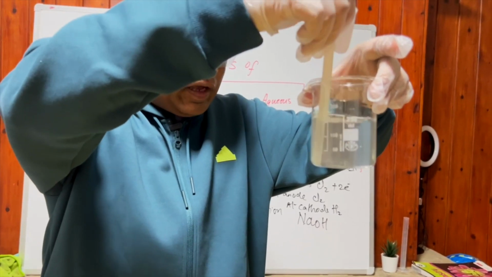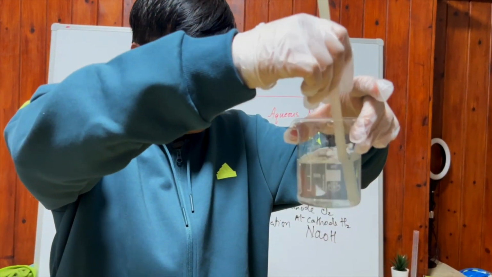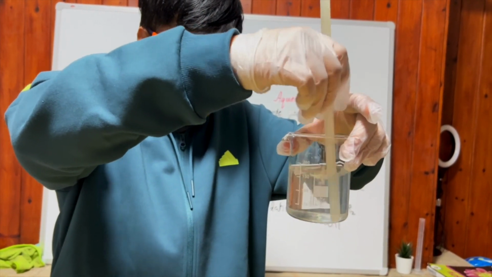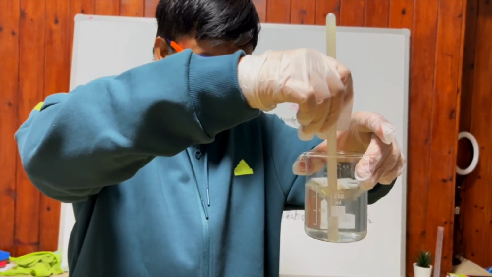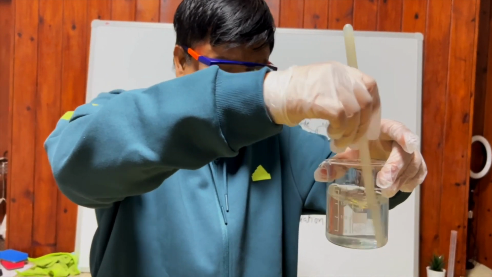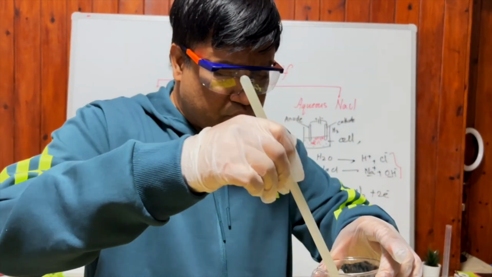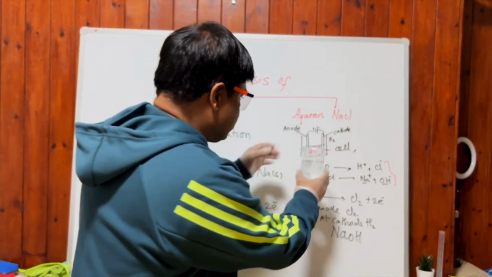So I think I have dissolved all the salt. Okay. Now I have constructed a Nelson cell. You can also do this at home. So this is my Nelson cell.